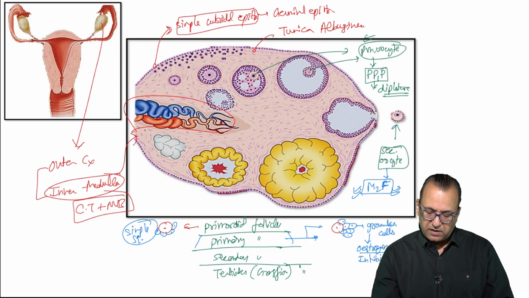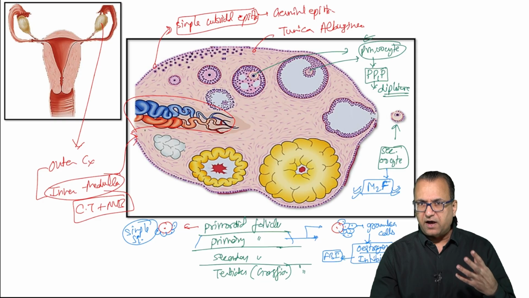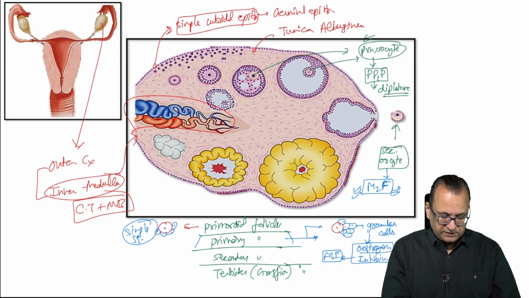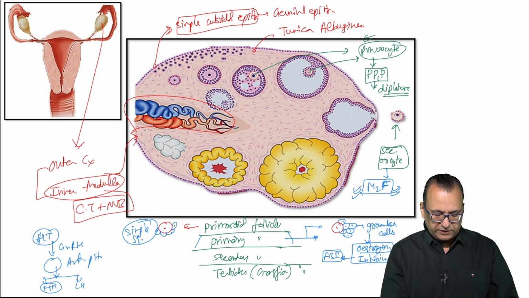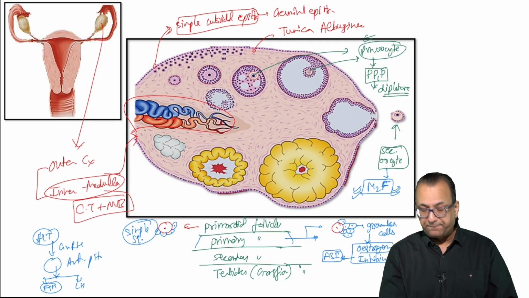Inhibin is the hormone which you will find is for feedback inhibition, because we understand that the follicles are under, say, the hypothalamus giving gonadotropin releasing hormones to the anterior pituitary. Anterior pituitary is giving us hormones like FSH, LH, and under FSH you have follicles working.